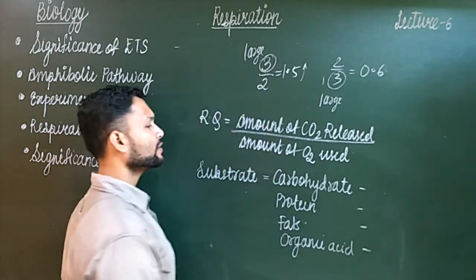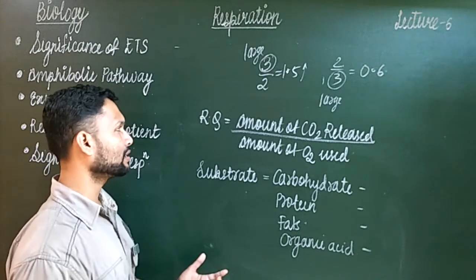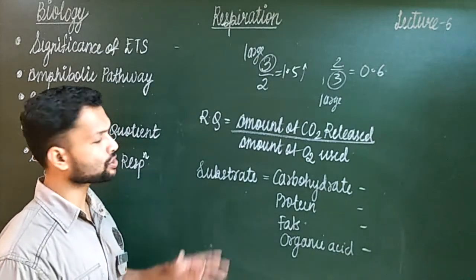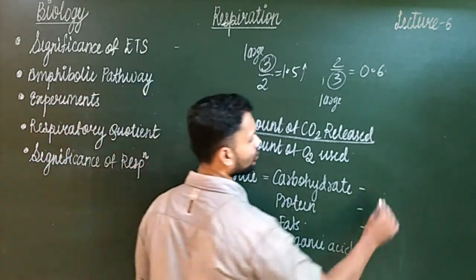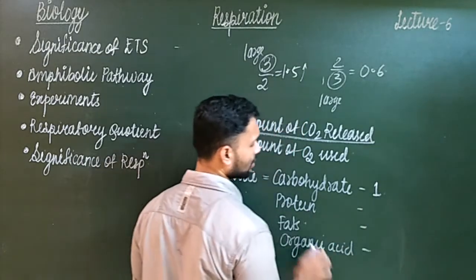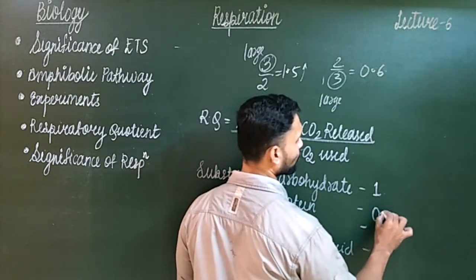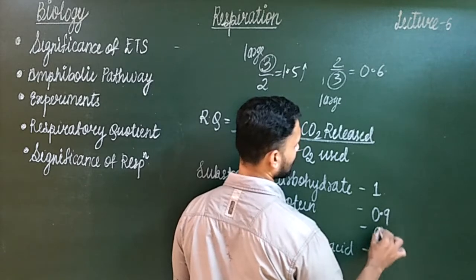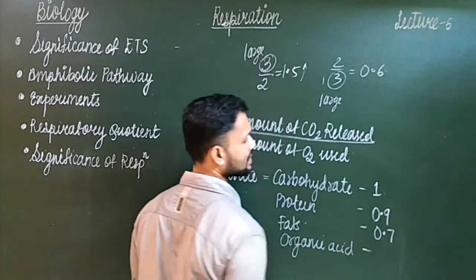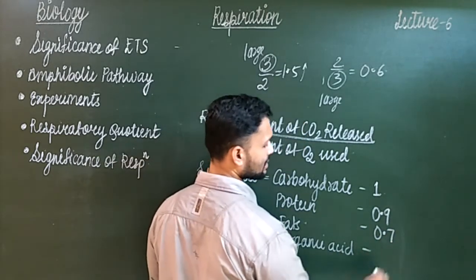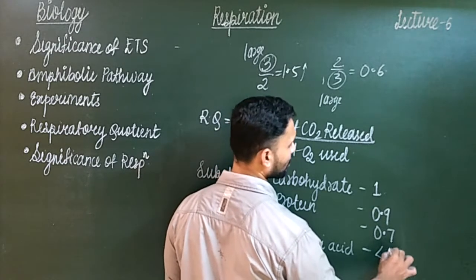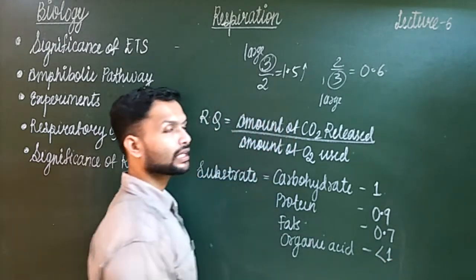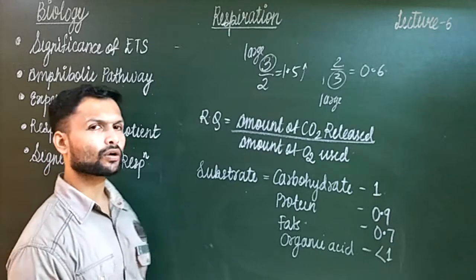Now if we calculate the respiratory quotient of these substrates, the value for carbohydrates is 1, for proteins it is 0.9, for fats 0.7, and for organic acids it is surely greater than 1. Some have 3, some have 10, depending on the organic acid.